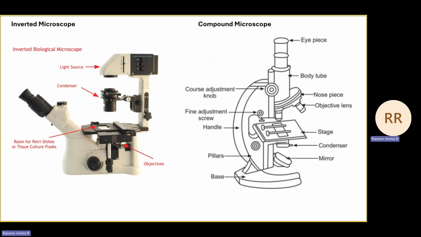Also in a compound microscope, you can see that the condenser lenses are below the stage, and the mirror is also below the stage. So in a compound microscope, you can image samples from the light from the top, and you can also image the samples from the backside as well.